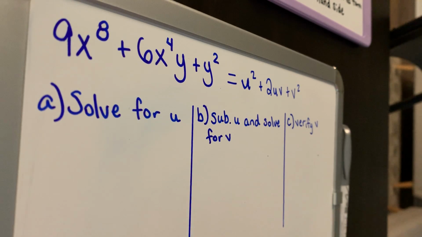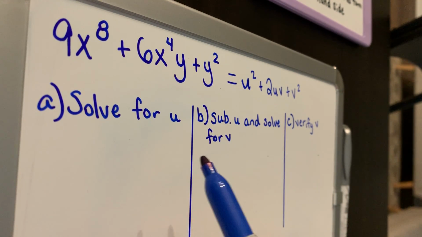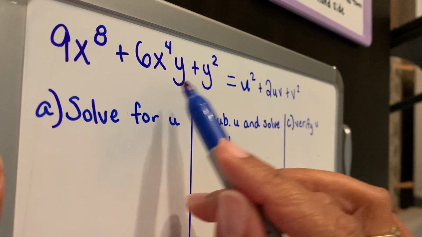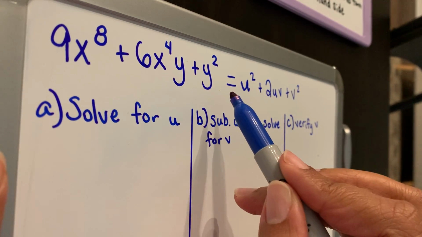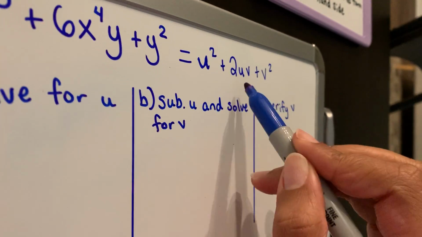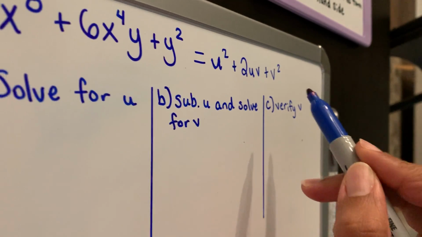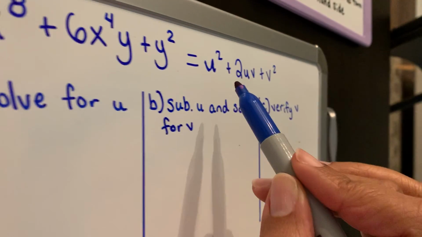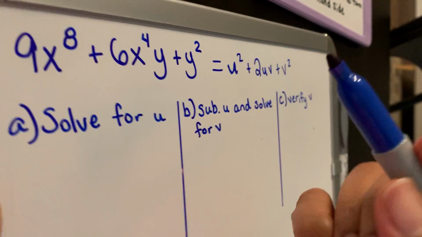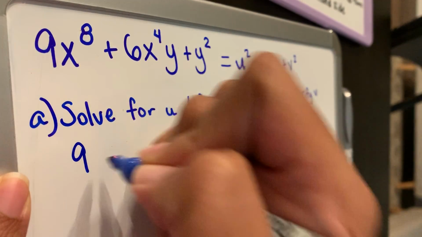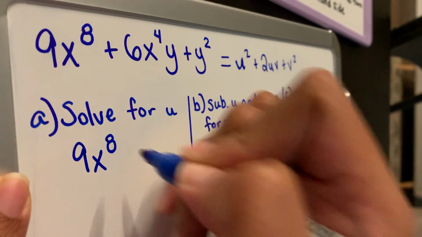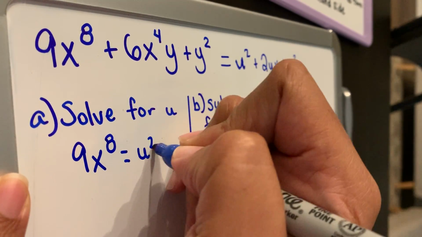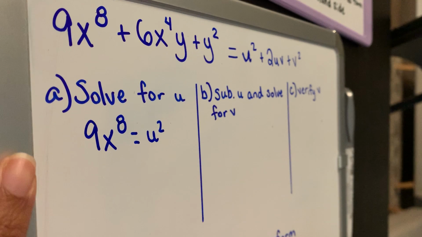First, I'm going to solve for u. What do I mean by this? Because I have 3 terms on the left-hand side of the equation and 3 terms on the right-hand side, I'm going to set the first term, 9x to the 8th, equal to the first term on this side, u squared. So we have 9x to the 8th equals u squared, and I'm going to solve for u.